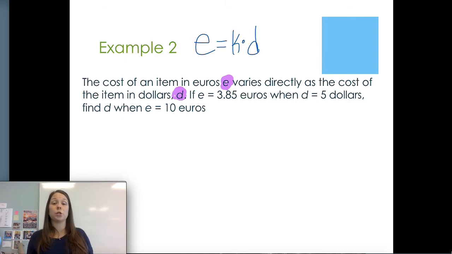You can use this direct variation setup to answer the question: if E equals 3.85 euros when D equals $5, find D when E equals 10 euros.